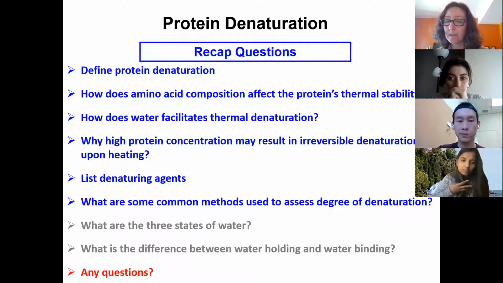Any questions, from last time or now or anything? I had one. What is the difference between sequential denaturation and spontaneous denaturation? Yeah, so spontaneous is due to the sequential, really.